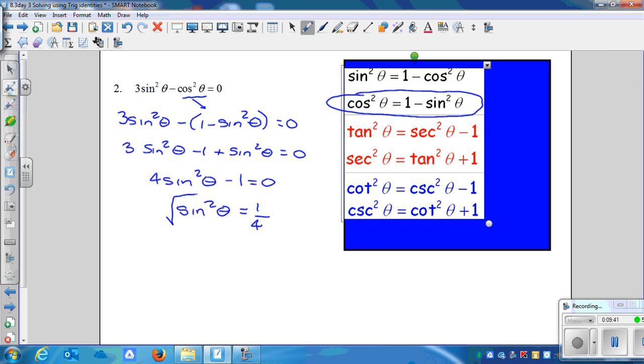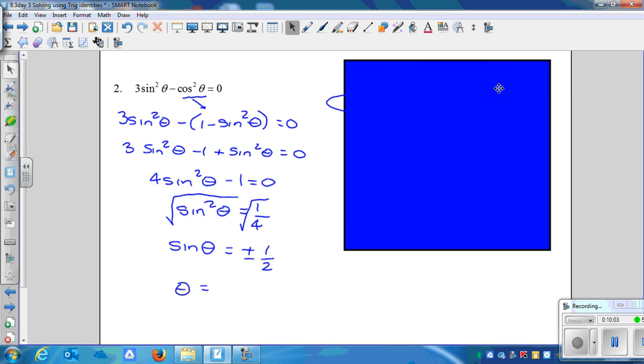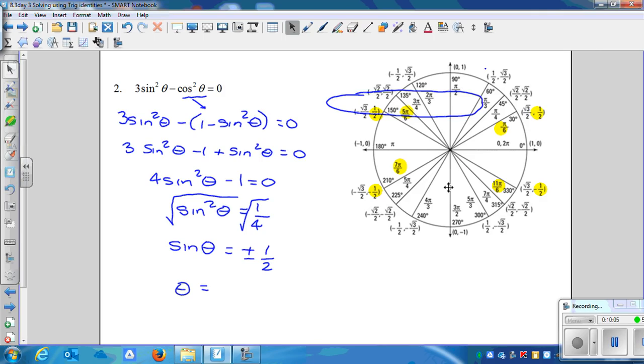Take your square root of both of your sides here. So we have sine of theta equals plus or minus 1/2. And we're going to go up to our unit circle here and figure out, and get this to switch here. There we go.